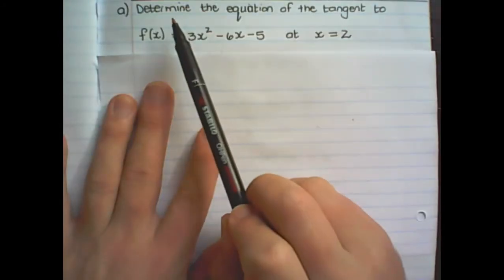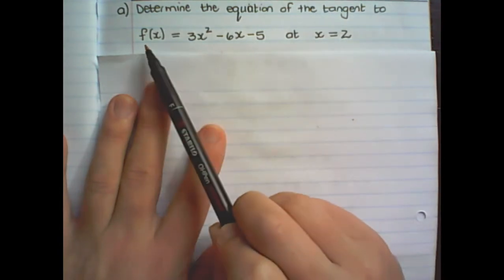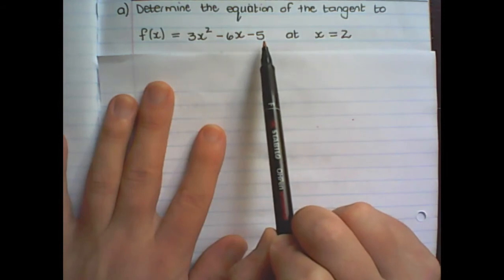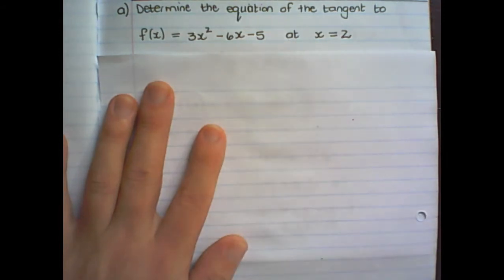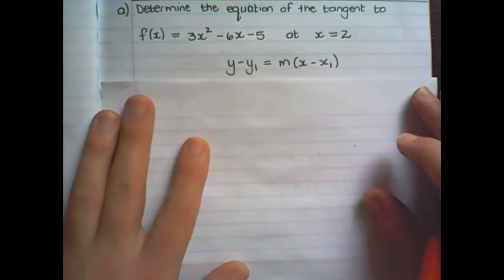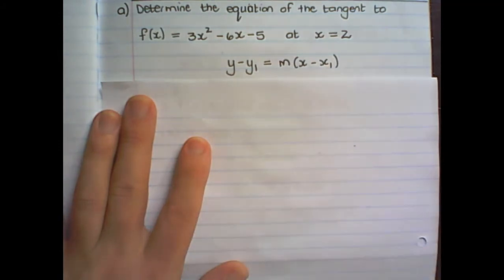In our first example, we want to determine the equation of the tangent to f(x), where f(x) is equal to 3x squared minus 6x minus 5, at x equal to 2. So what we want to determine is the equation of a tangent line, and we are going to use this format, which we have learned in grade 11.